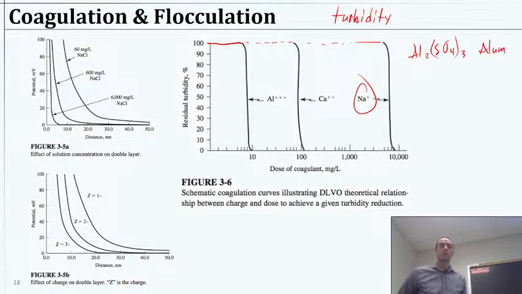We'd call it alum or aluminum sulfate. And what we get there is 2 aluminums, so 2 Al3+, and 3 sulfates, which would be SO4 2-. So we're actually getting quite a lot of charge for every one of these molecules that we add.